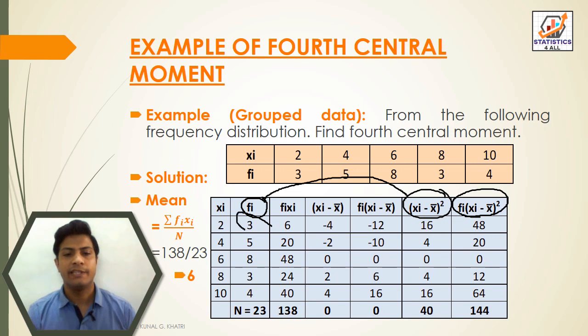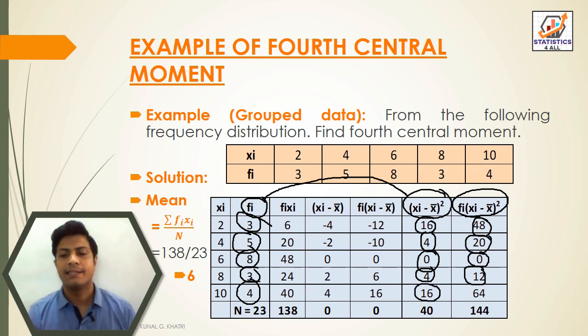So 3 into 16 is equal to 48. 5 into 4 is equal to 20. 8 into 0 is equal to 0. 3 into 4 is equal to 12. 4 into 16 is equal to 64. After multiplying all the values, we take the sum of fi into xi minus x bar whole square, we get the value 144.